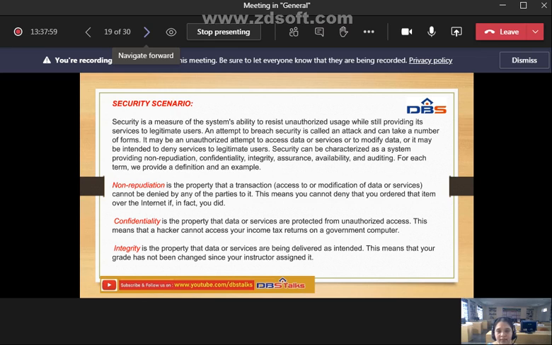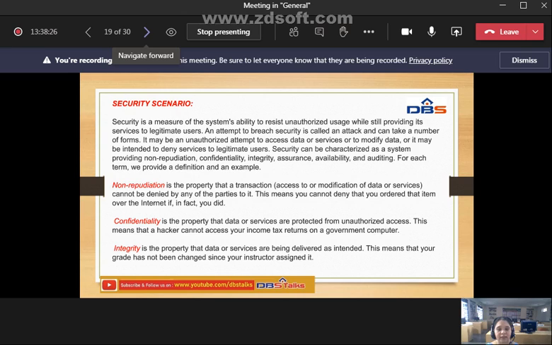It is the property that data or services are protected from unauthorized access. So we need to protect it from unauthorized access. That is confidentiality.